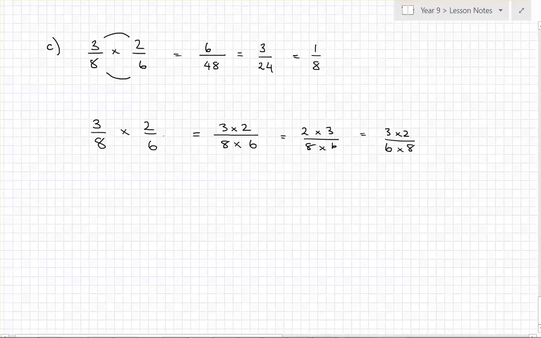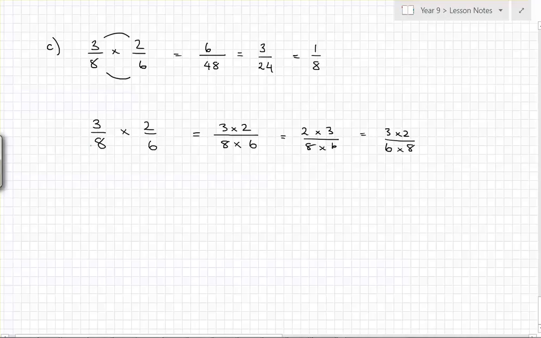Jaina, you said yes first. What do you think? You think the first one can? What would you simplify this one to? 1/4, so you divide it by 3. 8 doesn't divide by 3. So actually, no, this one can't.